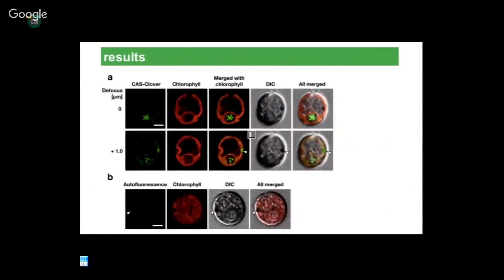The autofluorescence signals of the eye spot were detected in wild-type cells, but the signal intensity was significantly weaker than that of CO2 cells. So, it is indicated that the fluorescence signals of the eye spot region in CO2 cells were mostly derived from GAS-Clover.